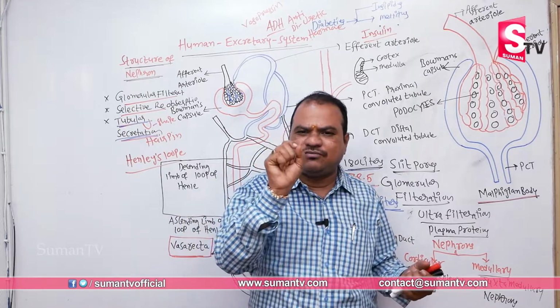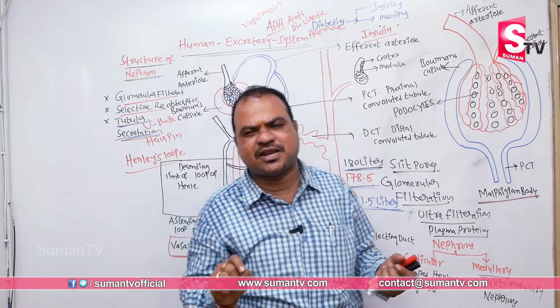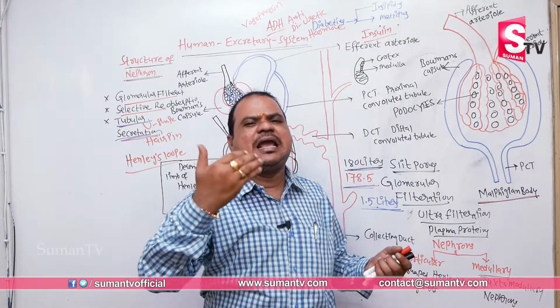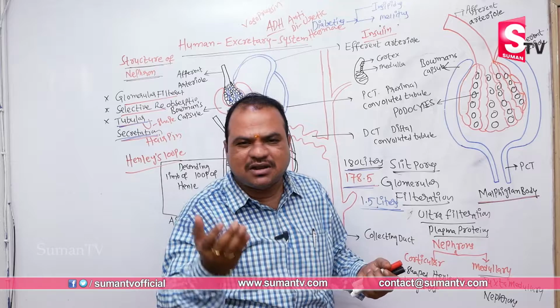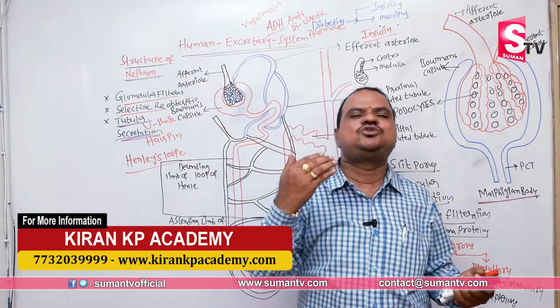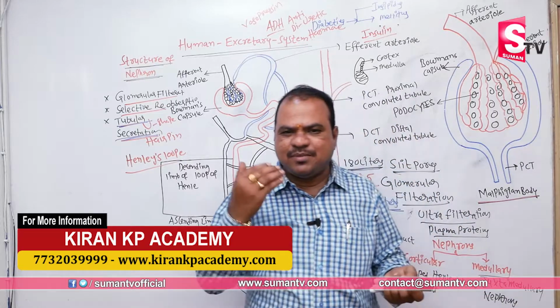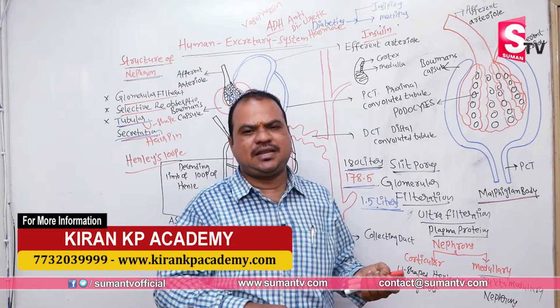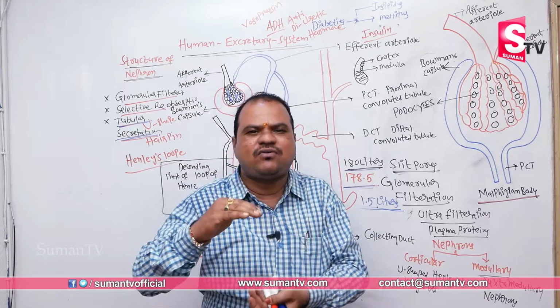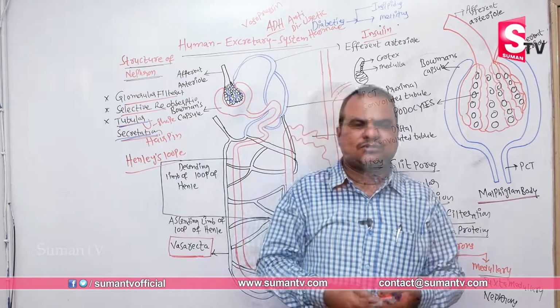The urethra has specialized sphincters. When the sphincters contract, we can eliminate the urine. That process is called micturition. Micturition is a voluntary reaction in adults, but in infants it is involuntary.